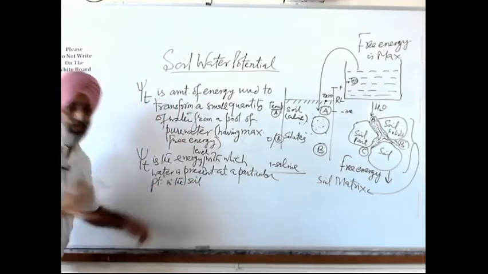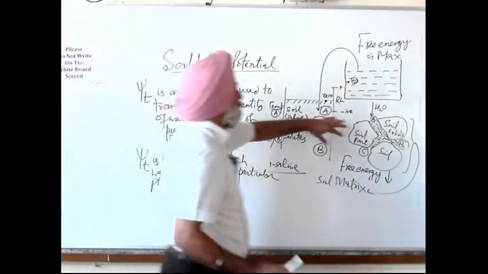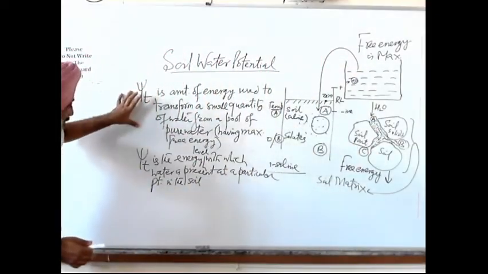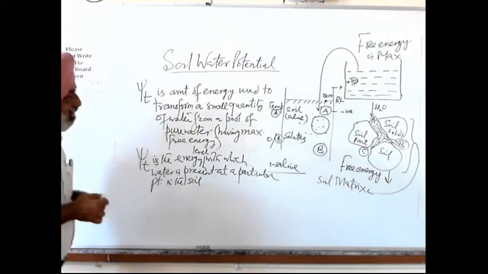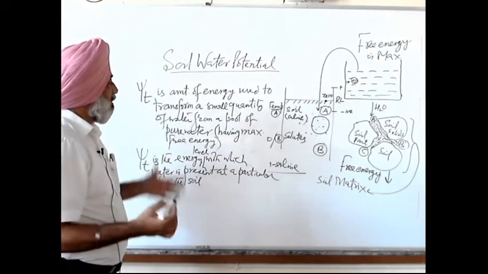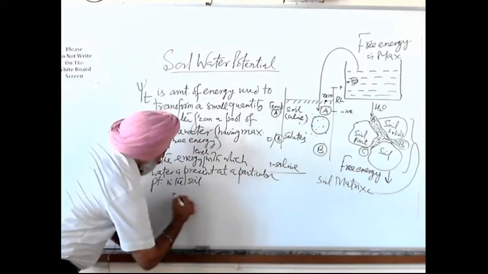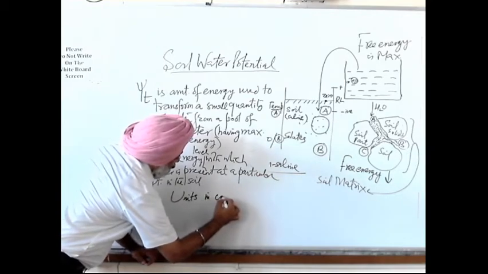So this is a very simple definition, no need to cram the definition from the books. I explained this through this schematic diagram. Based on that, this is the definition of total soil water potential. Because it is the energy level, the units will be in centimeters.